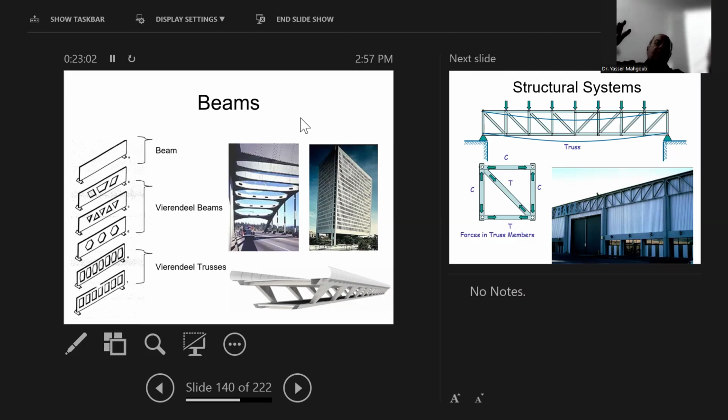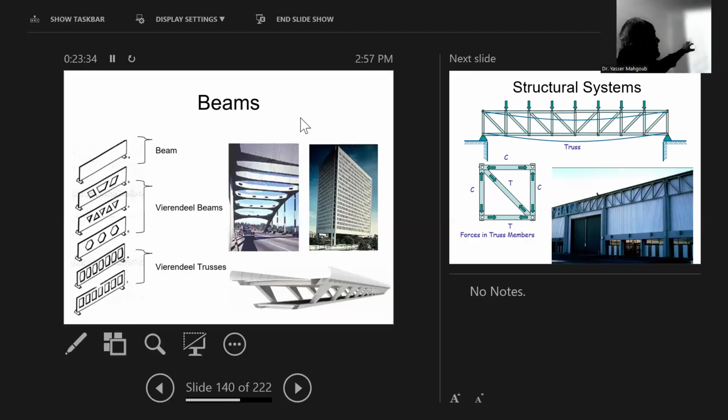So if you have a span of 15 meters, then the depth of the beam will probably be 1.5 meters. If you don't have enough space to have 1.5 meters, then you need to think about another system of construction.